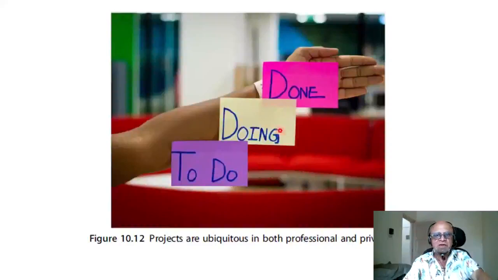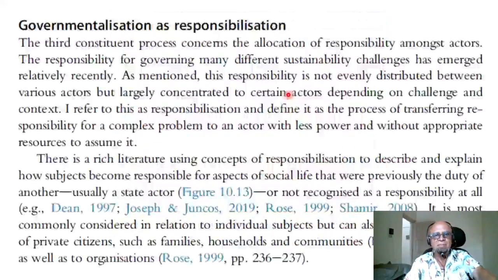Then there is doing, and some people are good at following up the to-do list, some are not, and many are good at getting things done, and some get lost along the way. But in a sustainability challenge, you have set up a structure with actors, budgets, and leaders and governmentalization that makes sure that you start with to-do defined, move to doing and getting it done, and goals being met.